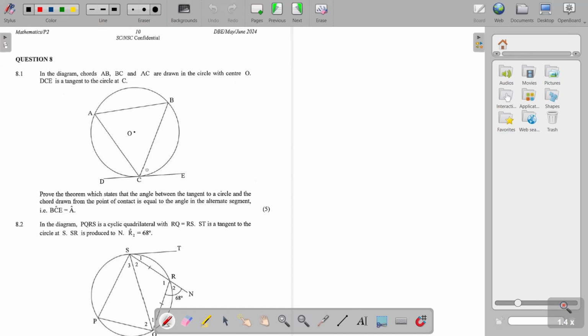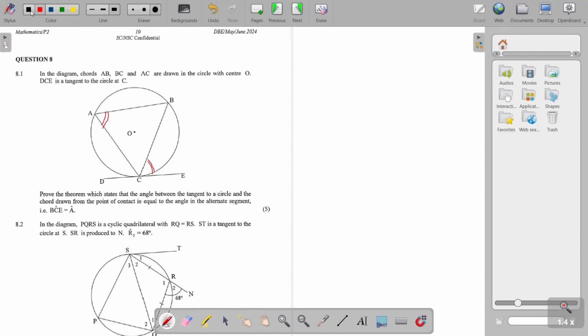That is, you are required to prove that BCE is equal to angle A. So, how do we go about doing it?